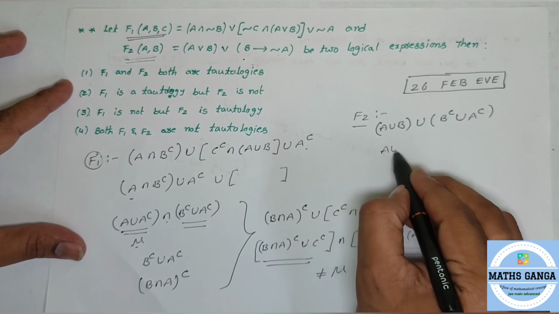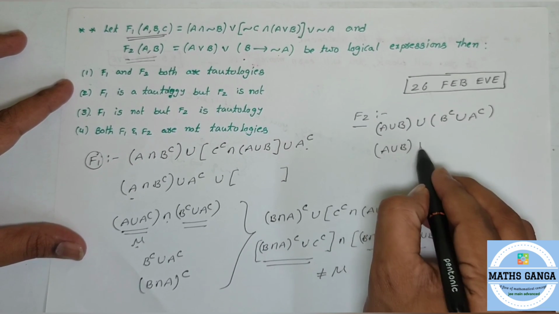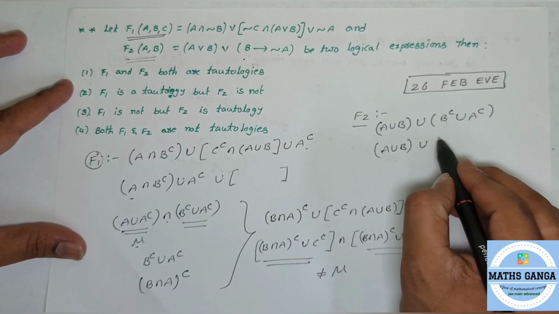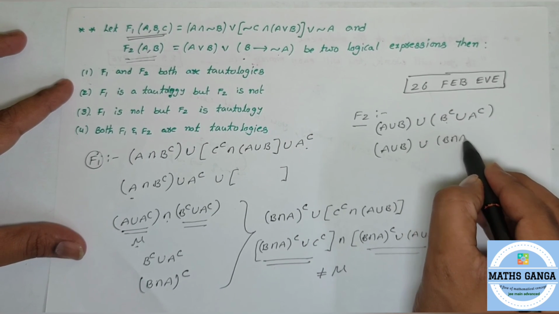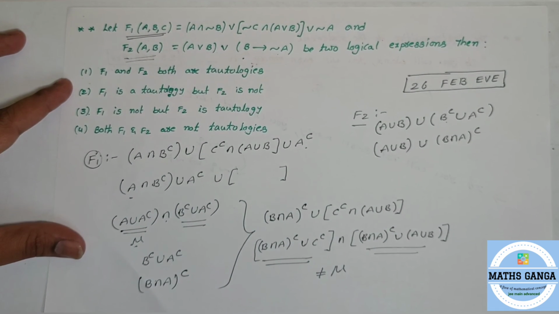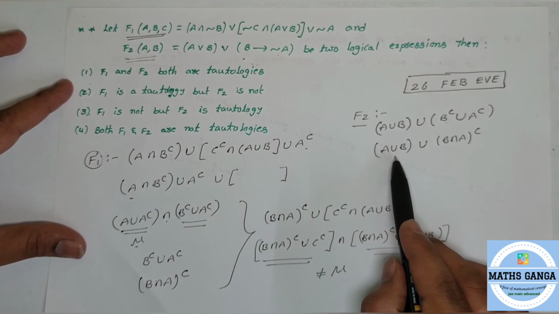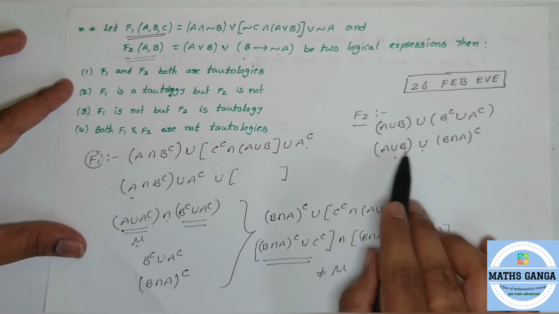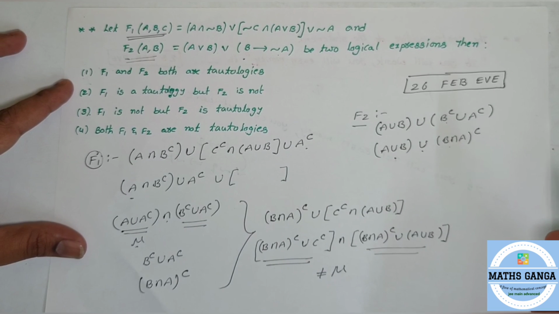So finally this is A union B, union B complement union A complement, which is nothing but B intersection A whole complement. So A union B union B intersection A whole complement is what we need to simplify.